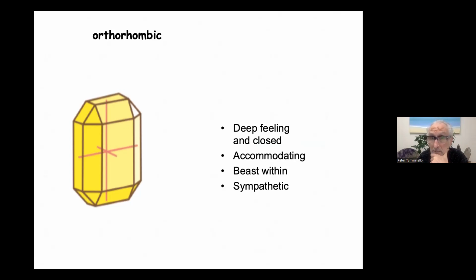And they tend to be sympathetic. Mind you, it doesn't mean that they don't have a brain, okay? These people can be highly intelligent, but it's the feeling that dominates the character. The motif is I feel.